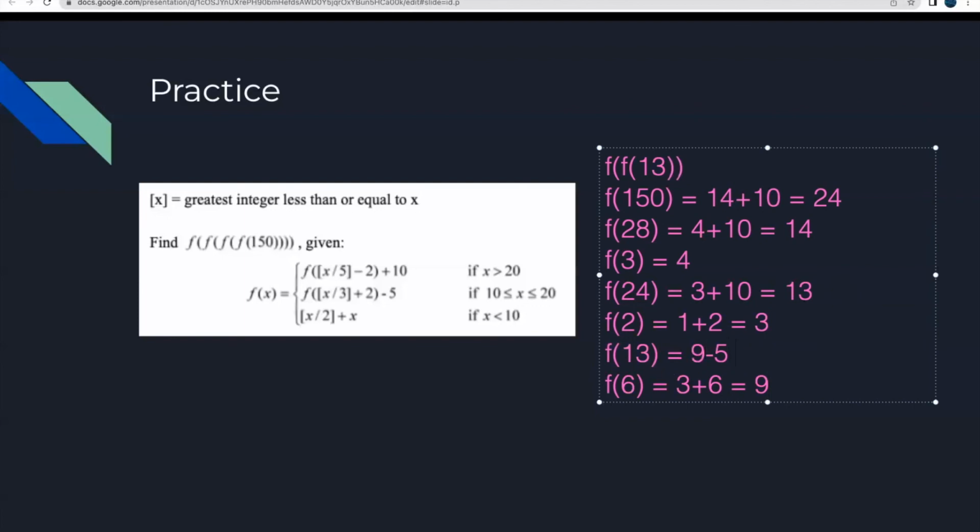This is also 9, solving to get 4. And then, okay, replace the f of 13 all the way up here. And then finally, we solve for f of 4. We haven't solved for this earlier. Interestingly enough, we solved for f of 2 and f of 3. But f of 4 will be 4 divided by 2, plus 4. So this is 2. And our answer is 6.